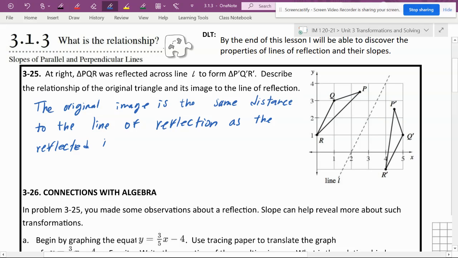If you were to grab everything, they're directly across. You see that? They're all directly across and they're all the same distance right there.